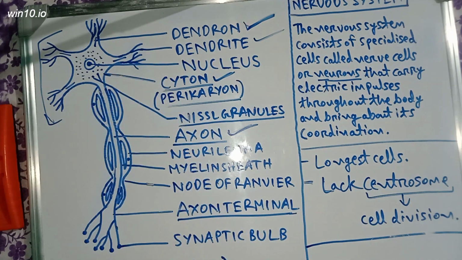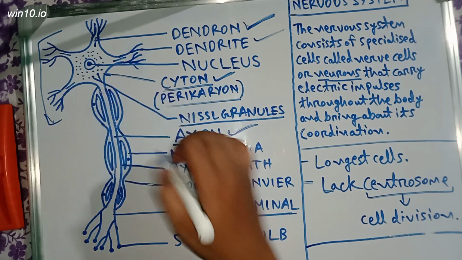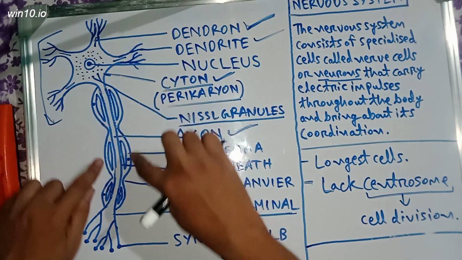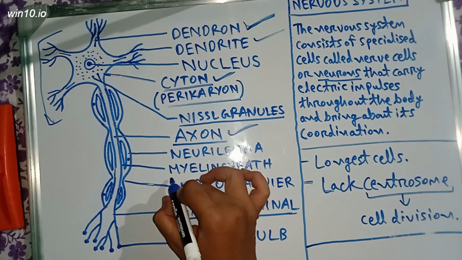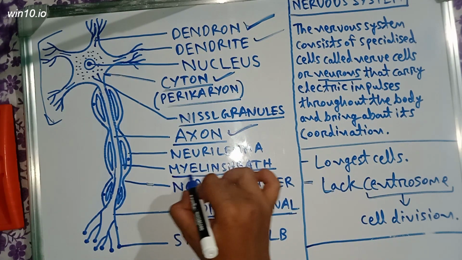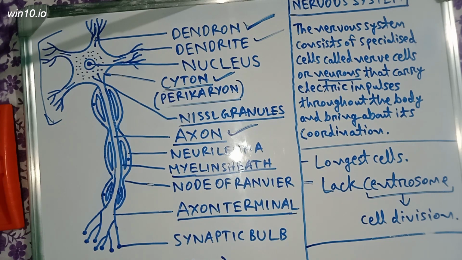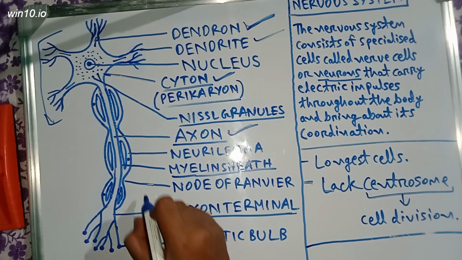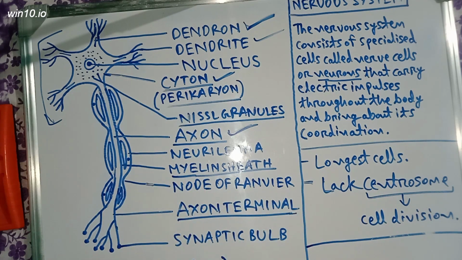This long structure is the axon, and these surrounding structures are termed as the myelin sheath. Myelin sheath is an insulating layer. This myelin sheath is generally whitish in color, and it has a thin sheath over it.